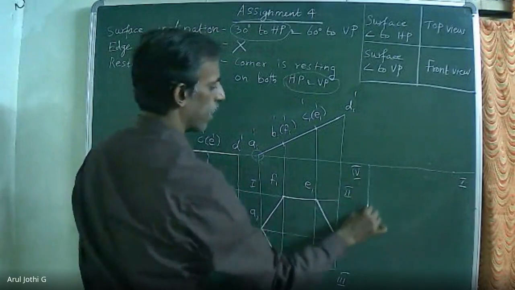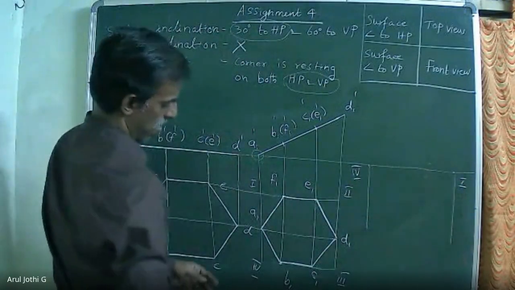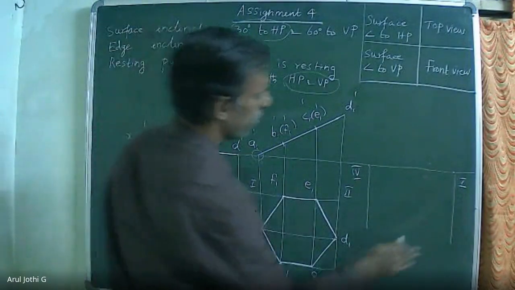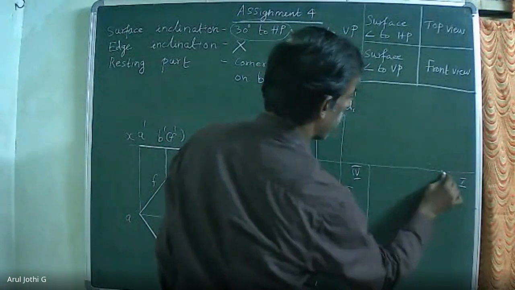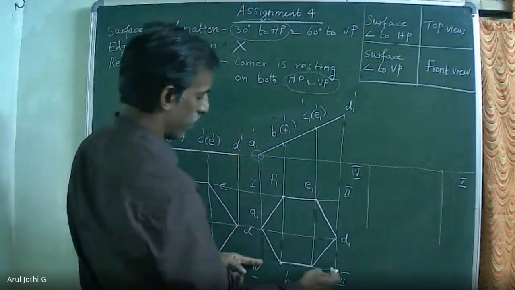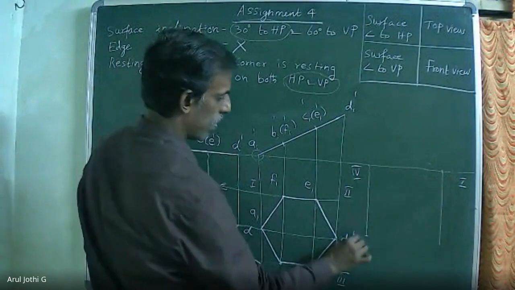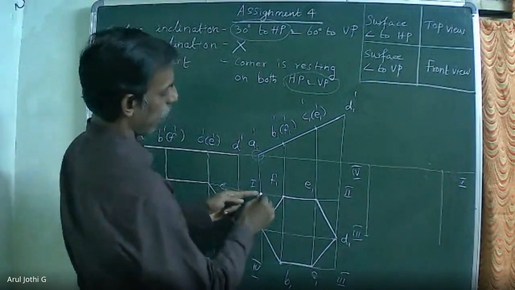Now through this draw the perpendicular line. Now transfer 4 to 3. Similarly transfer 1 to 2.